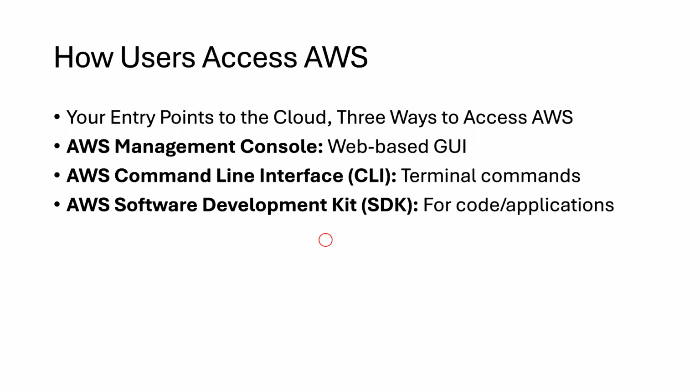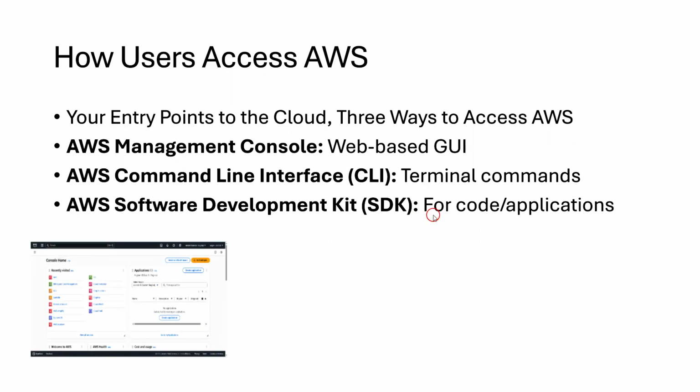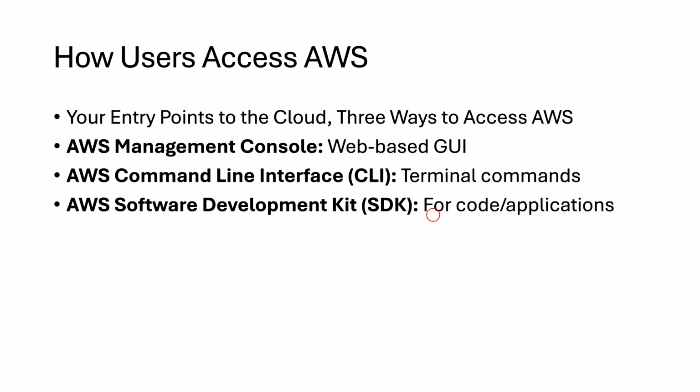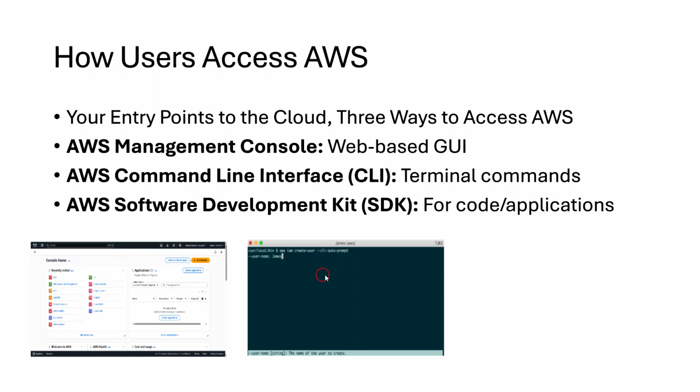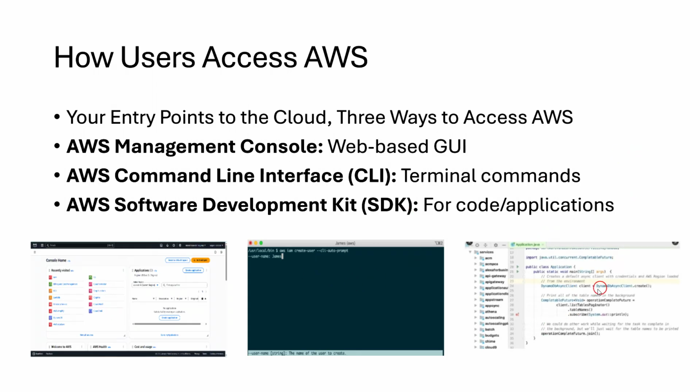Let's dive into each one. And this is the AWS Management Console. This is CLI and this is SDK. And if you observe here, the console is a UI, user interface, right? We are using it in our course.